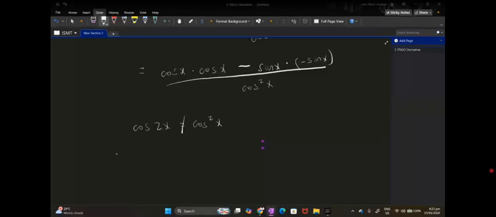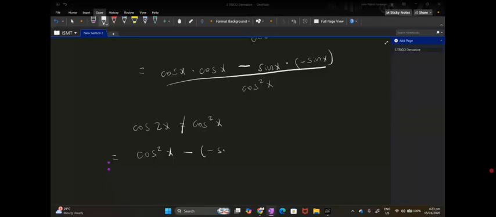Gets? So, set na. So, pwede natin na i-evaluate na cosine x times cosine of x is cosine squared x. Ngayon, sine x times negative sine x is negative sine squared x. May negative tayo here.